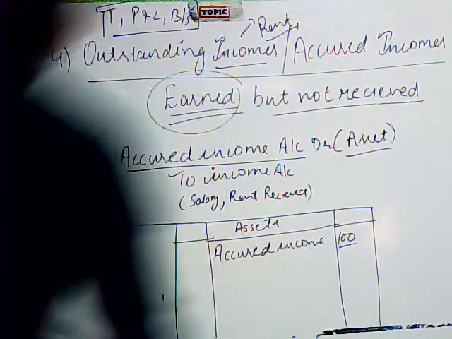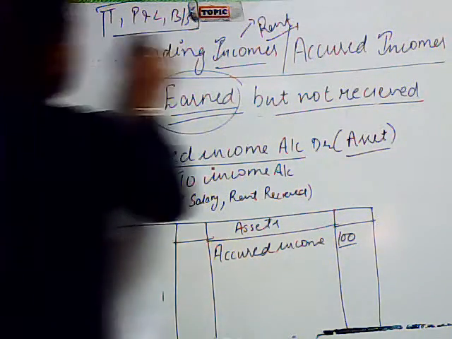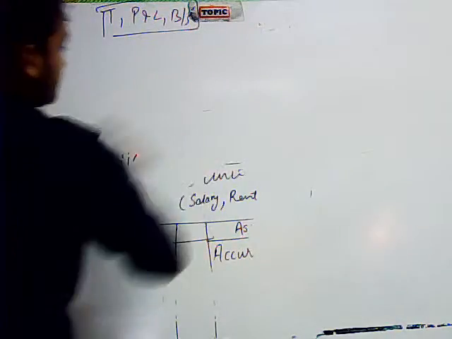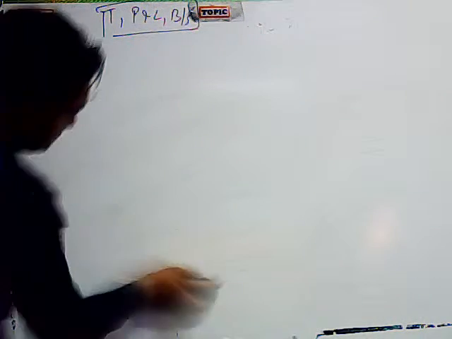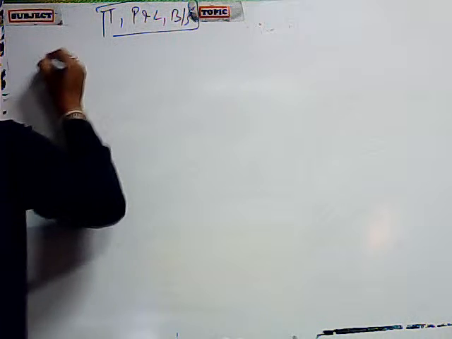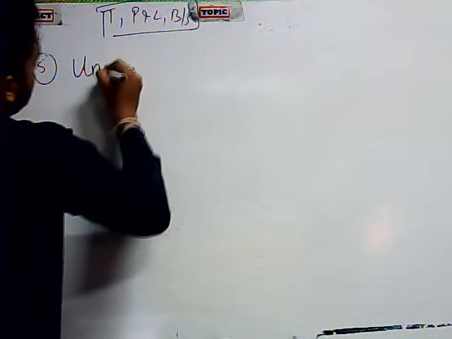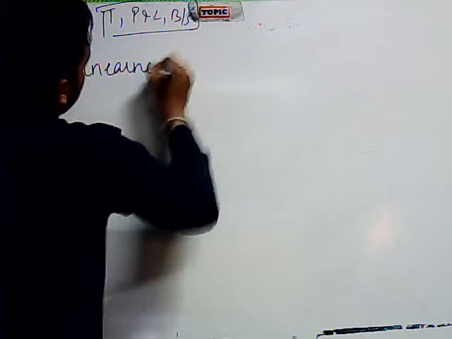Okay. Next thing, next point. So class, next point is point number 6, unearned income.